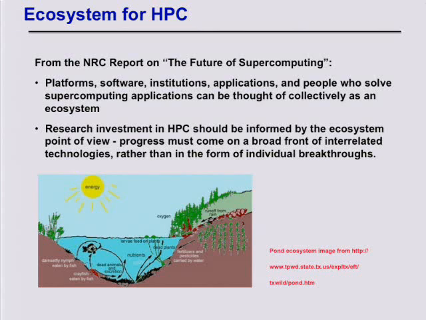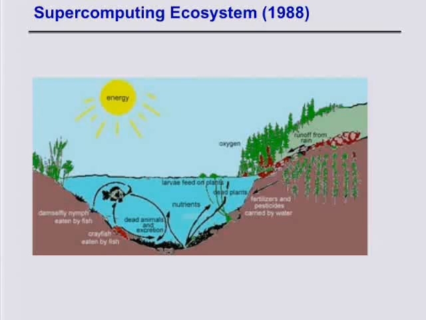In this NRC report they identified the idea of an ecosystem that makes high-end computing work, so you have to invest in all the different aspects of computing, not just in hardware. There tends to be a focus on hardware, but all of these other things play a role.